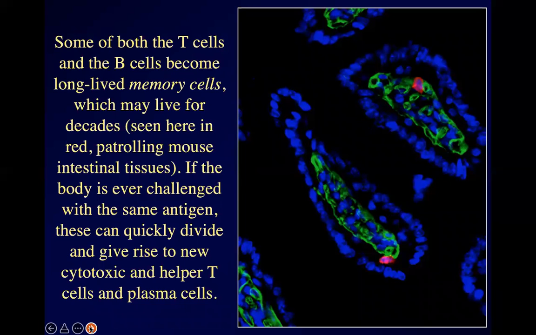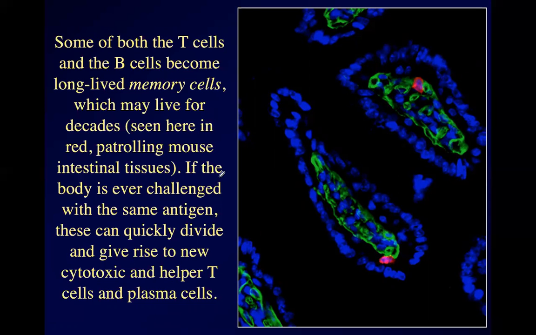Some of both the T cells and the B cells become a special cell type called memory cells. These are samples of mouse intestinal tissues, and the memory cells have been stained red. And the memory cells are just patrolling, passing through all parts of the body, doing their thing.